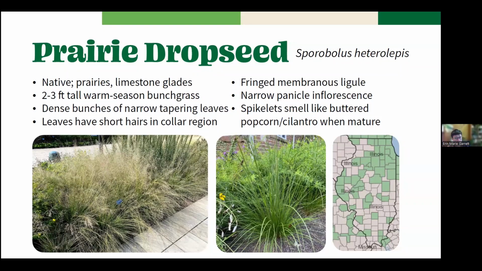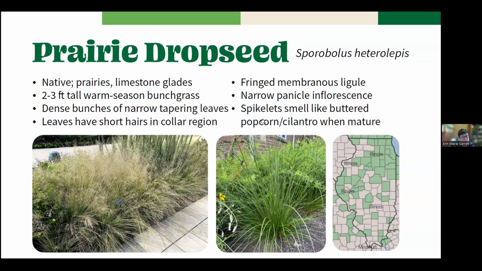This grass is going to really have that strong bunch form with really dense collections of narrow tapering leaves. So you're going to have really tight bunches, with leaves at least a foot to 2 feet long that kind of curve out. If we look up close, our leaves are going to have some short hairs in the collar region.